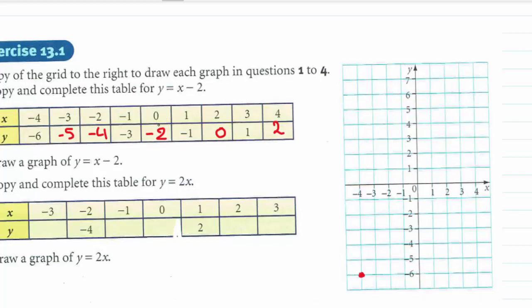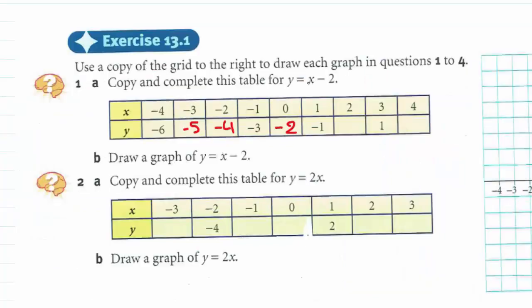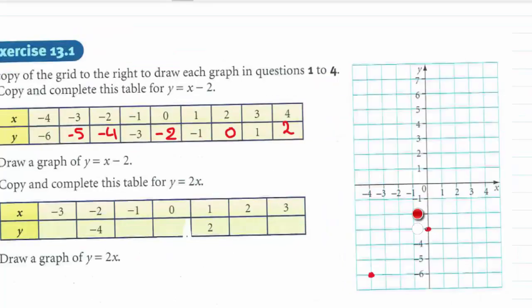If we put 0 in place of x, 0 is in the center, and -2 in y is right here. We need one more point. Let's put 4 and 2. If we put 4 in place of x, and we need to have 2 in place of y, so this is 4 and 2. As you see, all the points are on the same straight line.